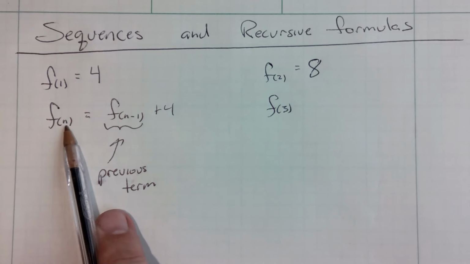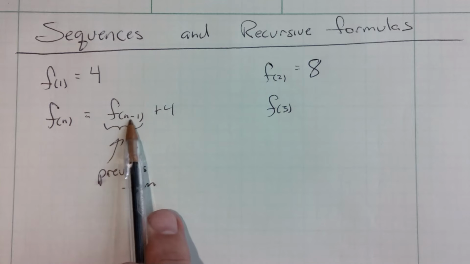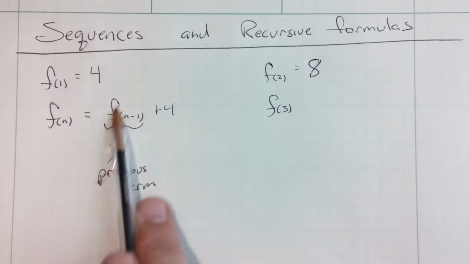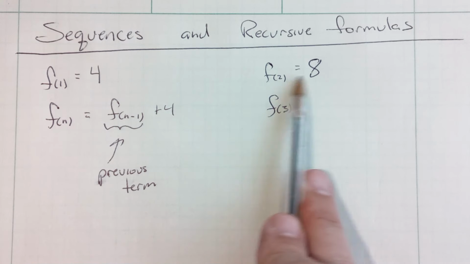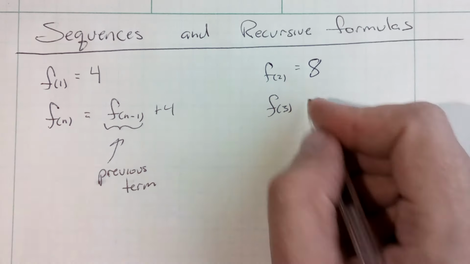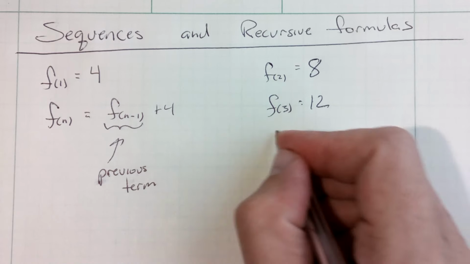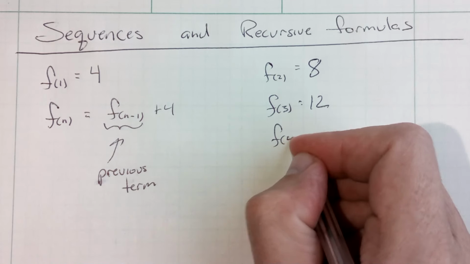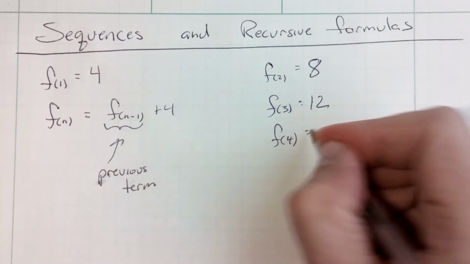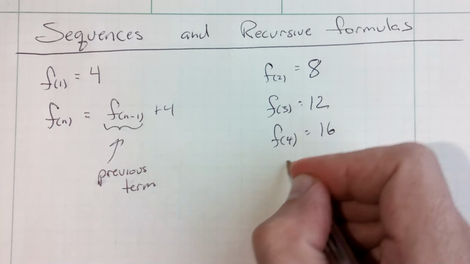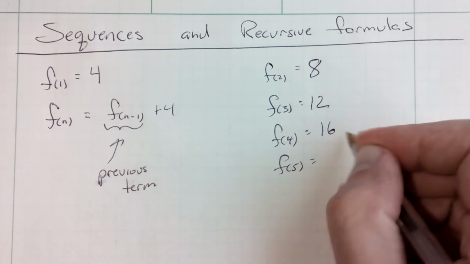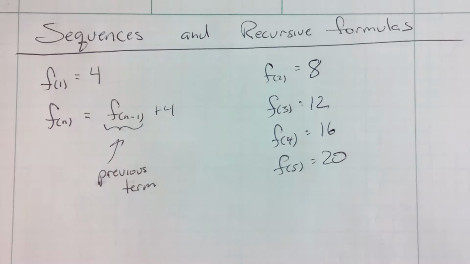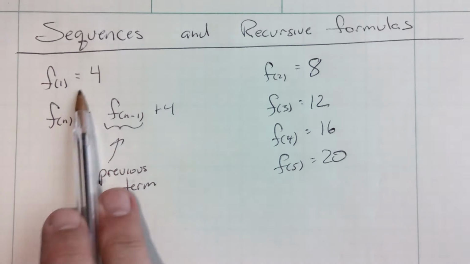What's 3 minus 1? 3 minus 1 is 2, so I'm going to take f of 2, the second term, which is 8, and I'm going to add 4 to it, which is 12, and so forth. It's easy to follow because you're just adding 4 to the previous term, so then you get 16, f of 5 is 20, and so forth. Now, this is in function notation.